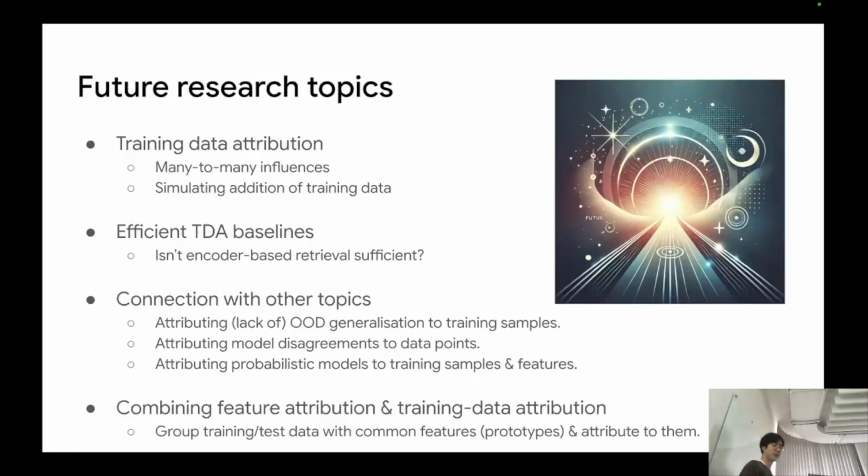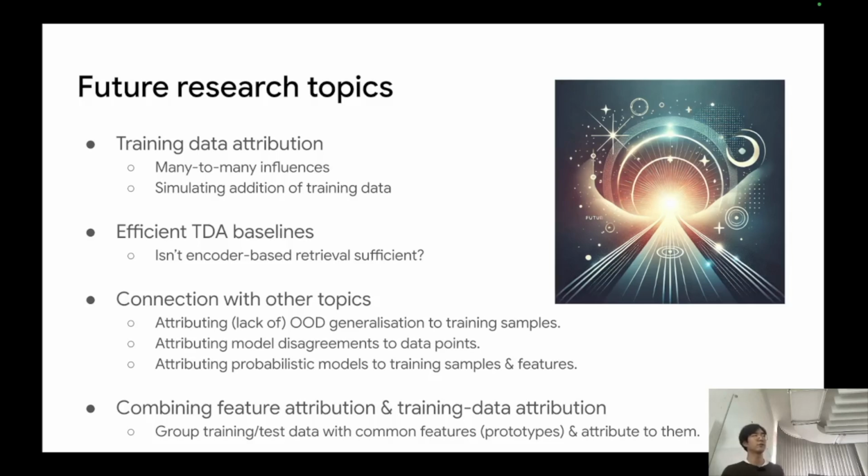Okay, so now future research topics in this domain. For training data attribution, I think there's a lot of promise in extending this to many influences, simulating addition, and baselines. We need more baselines from retrieval. Okay, and now this is a little bit more interesting, connection to other topics. We can combine training data attribution with OOD generalization, for example.